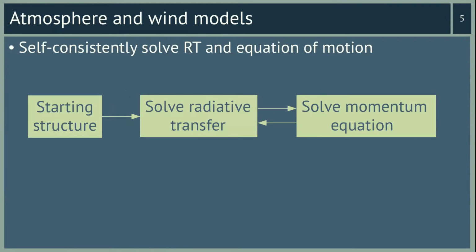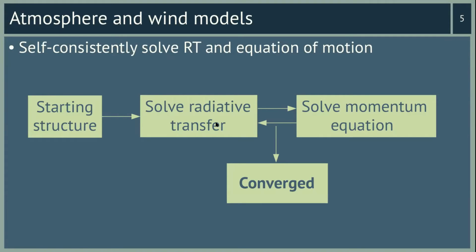In a small schematic of how these wind models are constructed, we need to start from some initial guess of the wind structure and the mass loss rate and solve the radiative transfer here. From here, we get the radiative acceleration that feeds back into the momentum equation. And this we need to solve iteratively to get a converged solution.